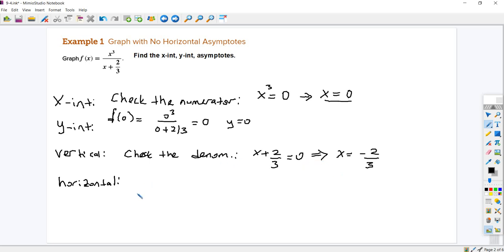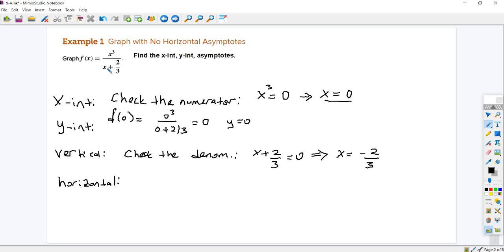Horizontal asymptote. Remember rule 2a, 2b, 2c. Since we check the degrees on top and bottom, the degree on top is 3, right? And the degree on bottom is 1, and I can tell the degree of the numerator is greater than the degree of the denominator.